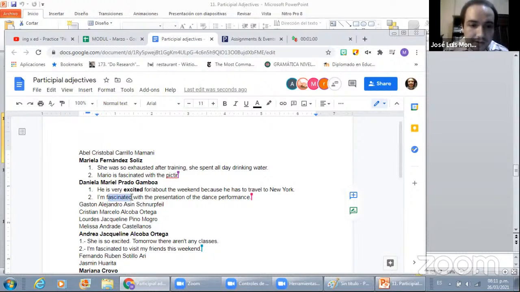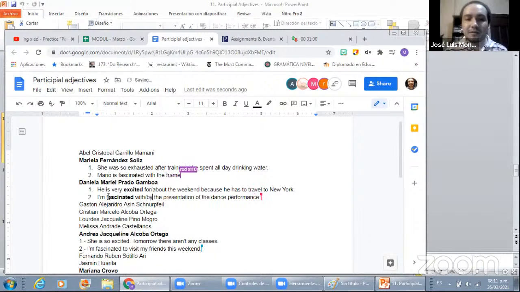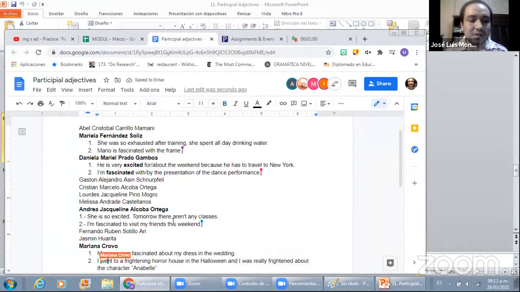Here, only one thing: when we use expressions like that, it's better if instead of with, we use by. I'm fascinated by the presentation of the dance performance. Perfect. You're using the sentences and the adjectives in a correct way, Daniela. Thank you very much. Andrea, let's go to your sentences, please.